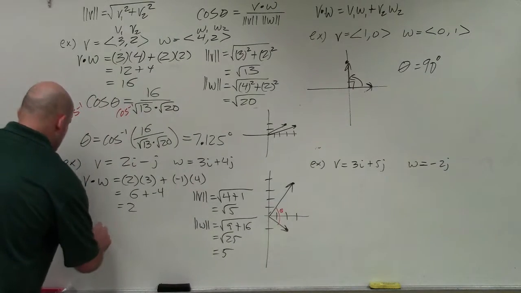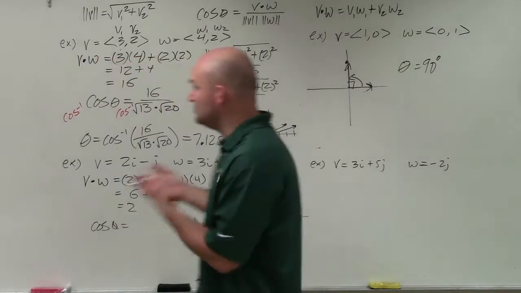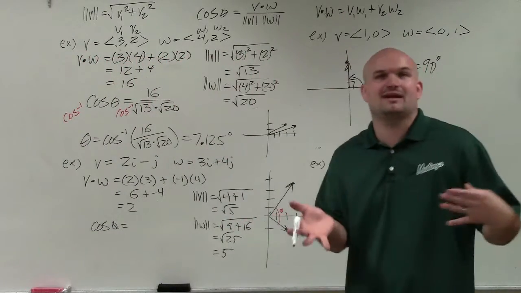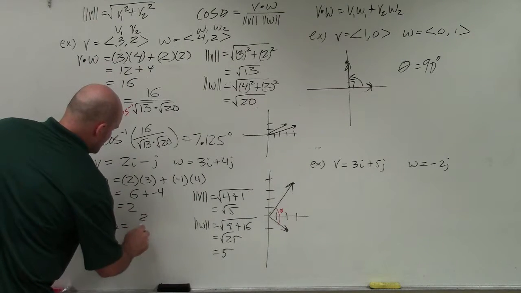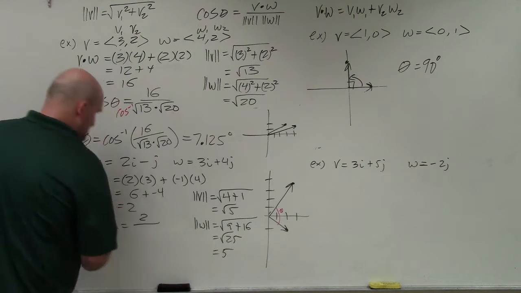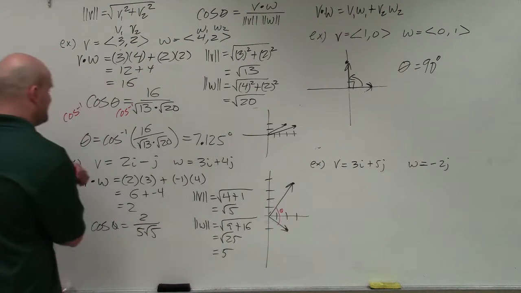So now I'll do cosine of theta equals, I always like to write it out, even though I'm using the cosine inverse, I always just like to write it out so I just make sure that I have everything correctly. So it's the dot product, which is 2, over my two magnitudes, which is 5 times the square root of 5. Okay?